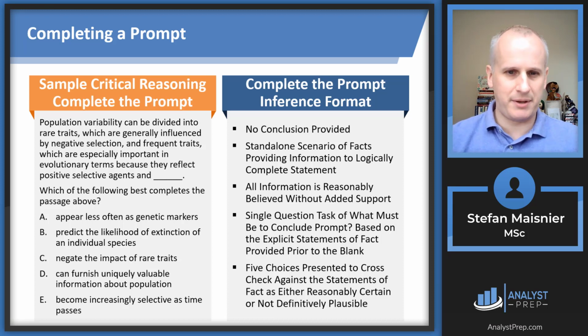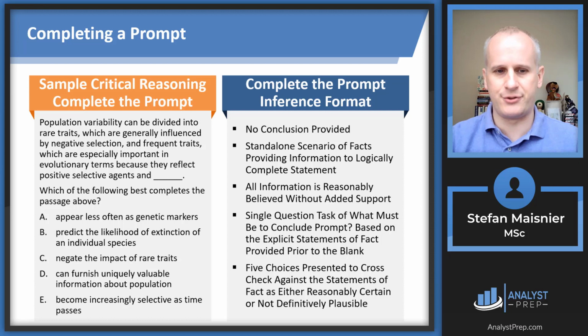There's no opinion here. It's just a fact that population variability, whatever that is, can be divided into these two types of traits, and we know that frequent traits are especially important in evolutionary terms for some reason. We don't know anything else about these two concepts, and we have to stick to what has been explicitly stated.